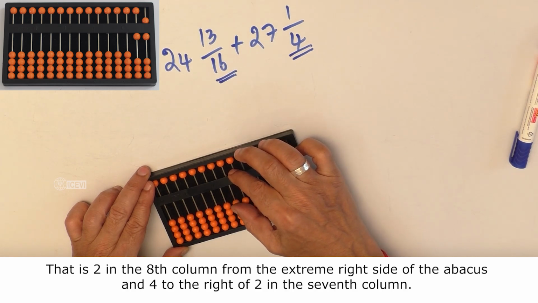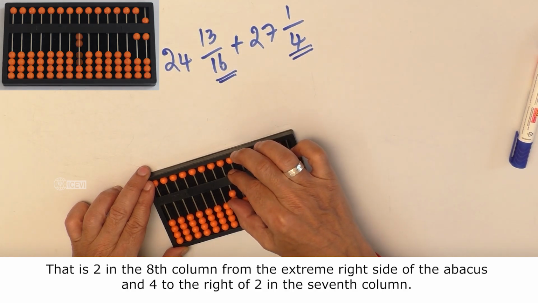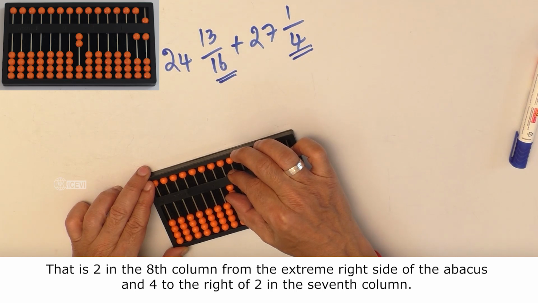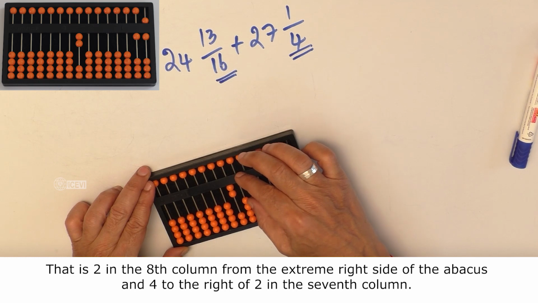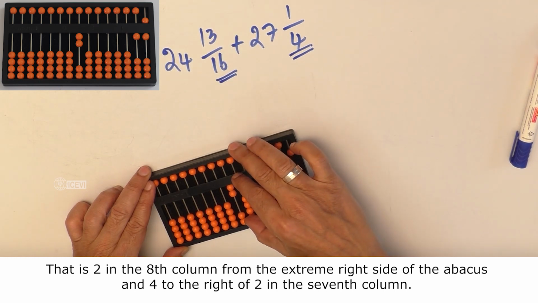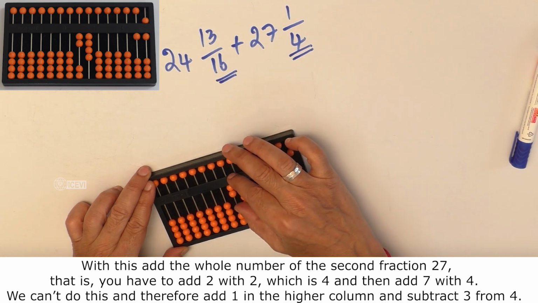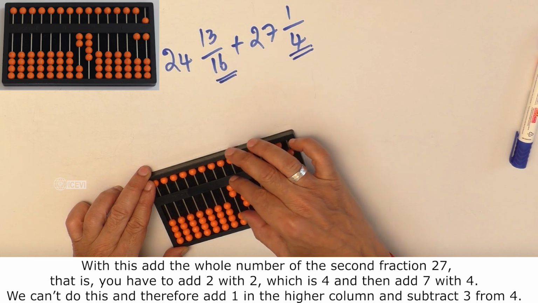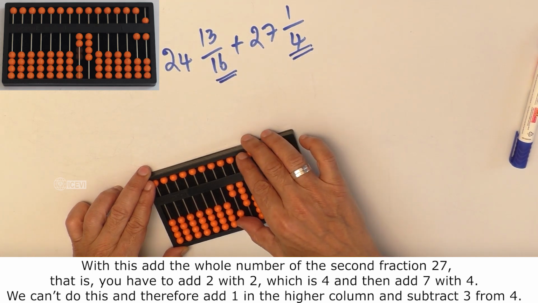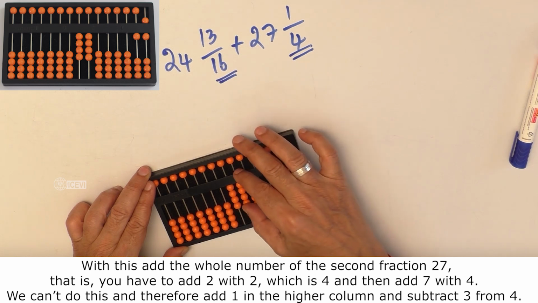That is, 2 in the 8th column from the extreme right of the abacus and 4 to the right of 2 in the 7th column. With this, add the whole number of the second fraction, 27. That is, you have to add 2 with 2, which is 4, and then add 7 with 4.